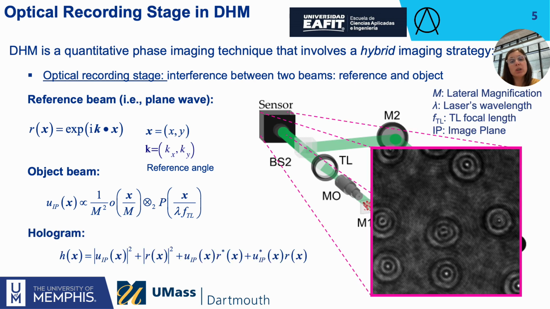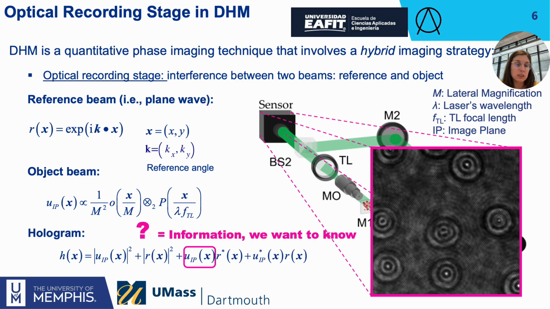The camera records the intensity distribution, which is a sum of four terms. What we are really interested in is just the light scattered by the sample and imaged by the conventional microscope that we embedded in one of the arms of the interferometer.